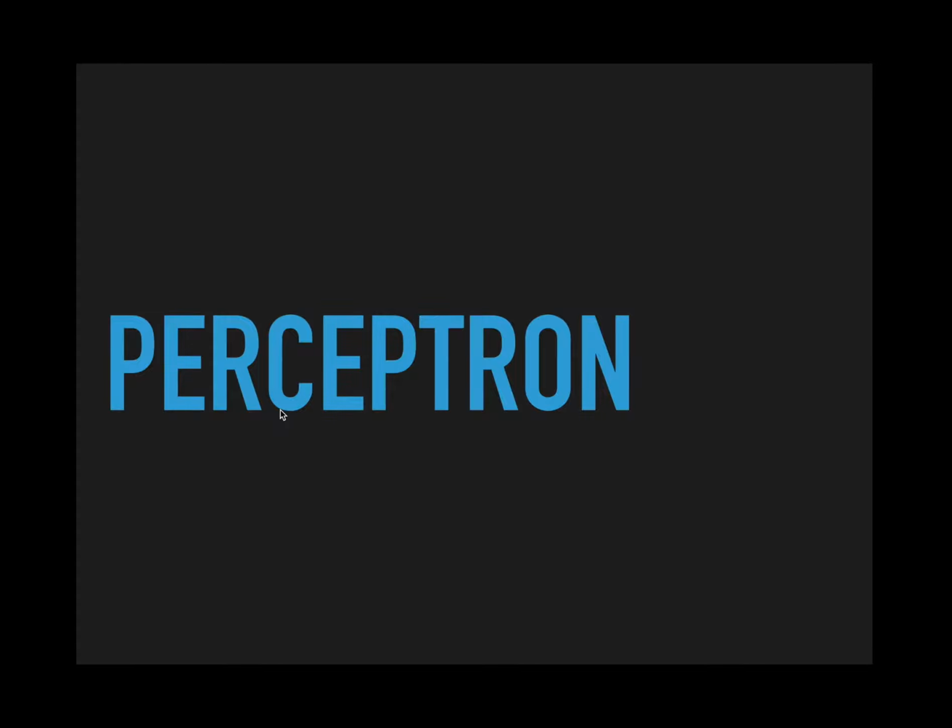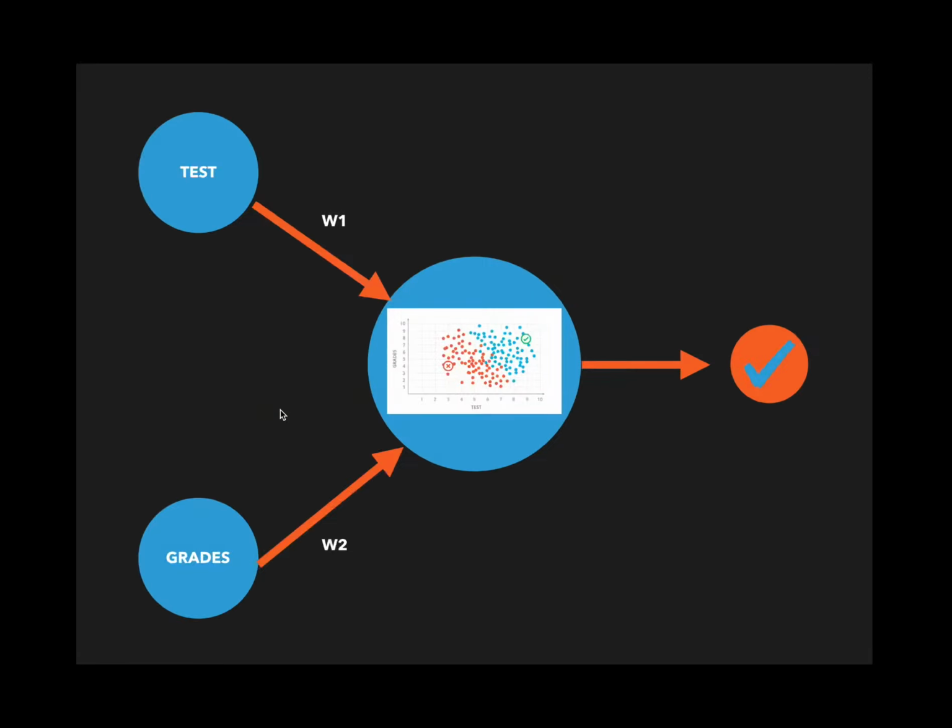So the perceptron algorithm. In this same example, what a perceptron wants is the test and grades. We will assign some weights to them, do some calculation, and decide whether the student gets accepted or not. Basically, the boundary line. Now, we calculated the score wx + b.